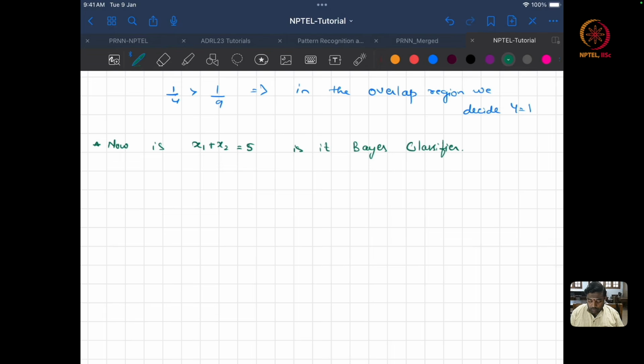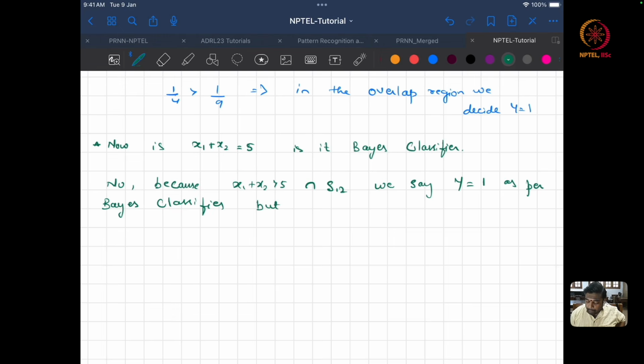The answer is no. The reason is that for x1 plus x2 greater than 5 in the intersection S1 with S2, we say y is equal to 1 as per the Bayes classifier, but when you use the line, it is y is equal to 2.